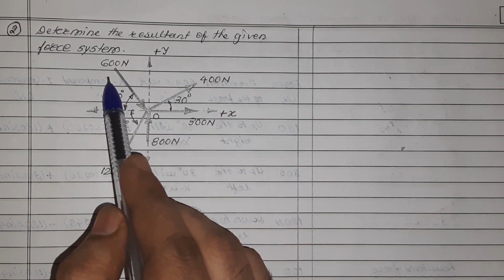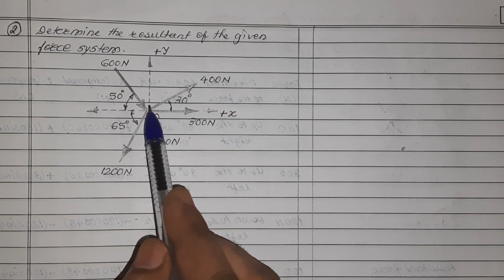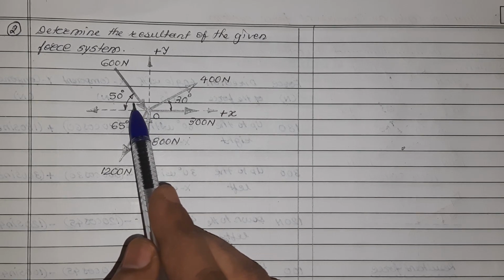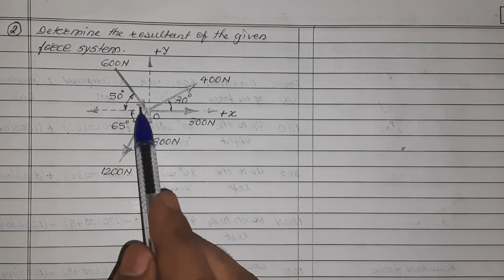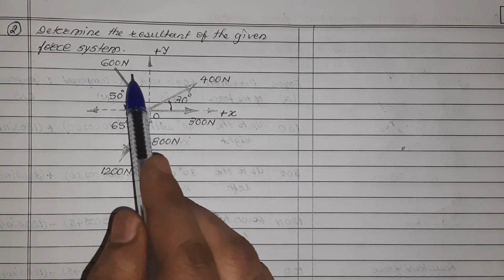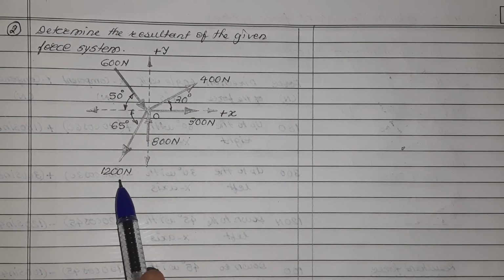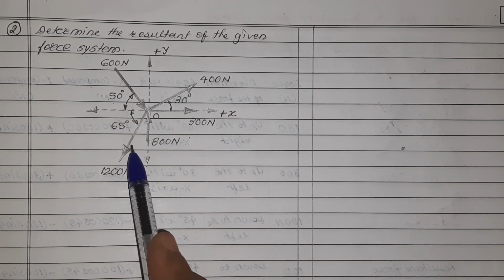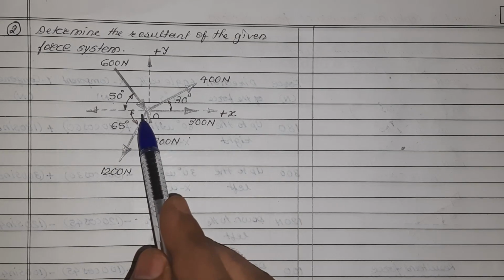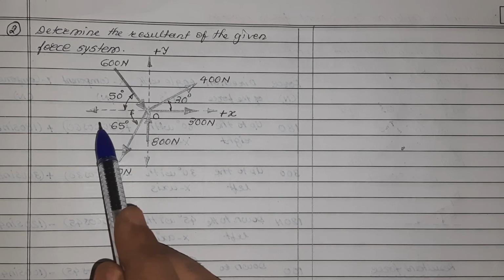This force 600 Newton is given in second quadrant, but its arrowhead is going down to the right. Hence, its y component will be downward and x component will be rightward, although it is shown in the second quadrant. 1200 Newton force is having this direction, which indicates its y component will be downward and x component will be leftward.